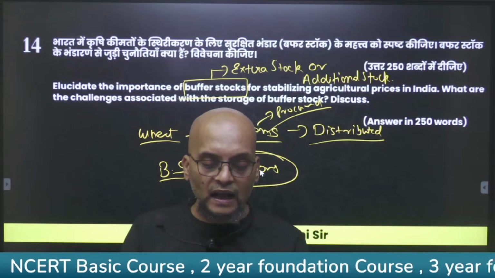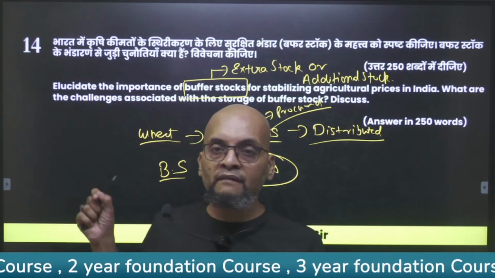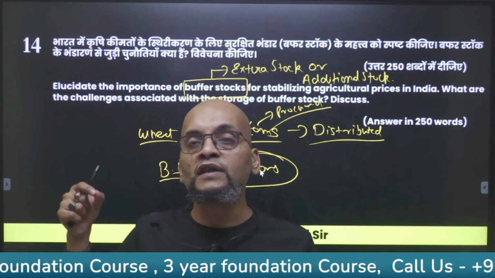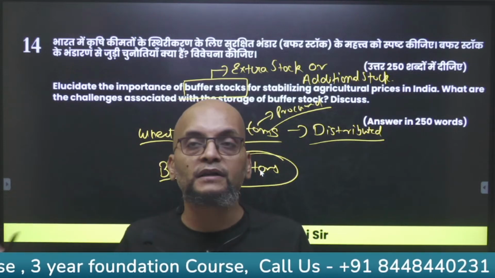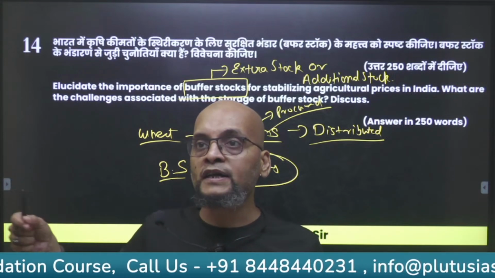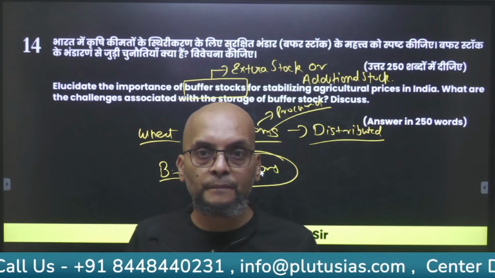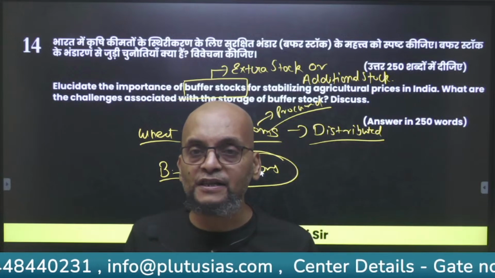So concerns are, number one, expenditure. See guys, already government has to spend a lot to procure the food it was already procuring for distribution among the poor under the Food Security Act. Now government is going to procure additional stock as well. Getting my point? Now that is going to increase the expenditure of the government.